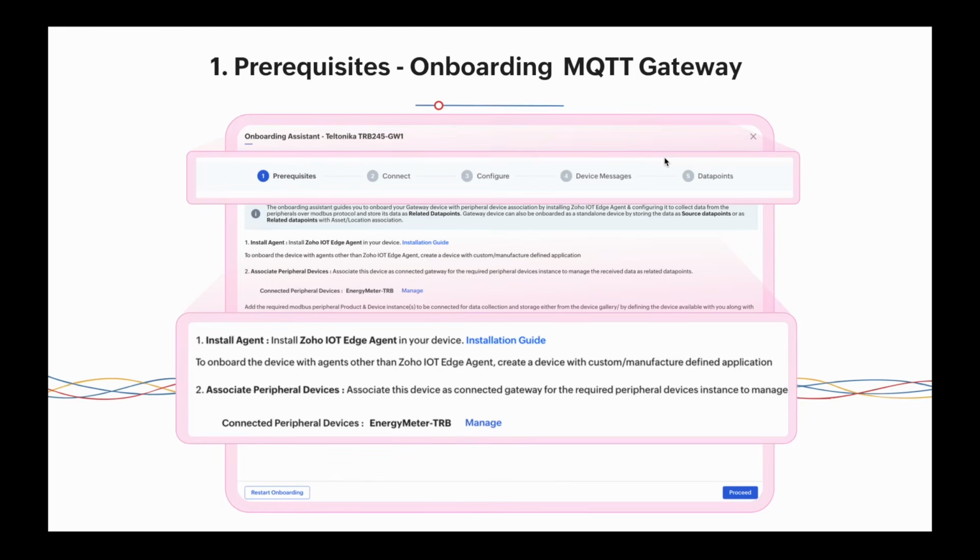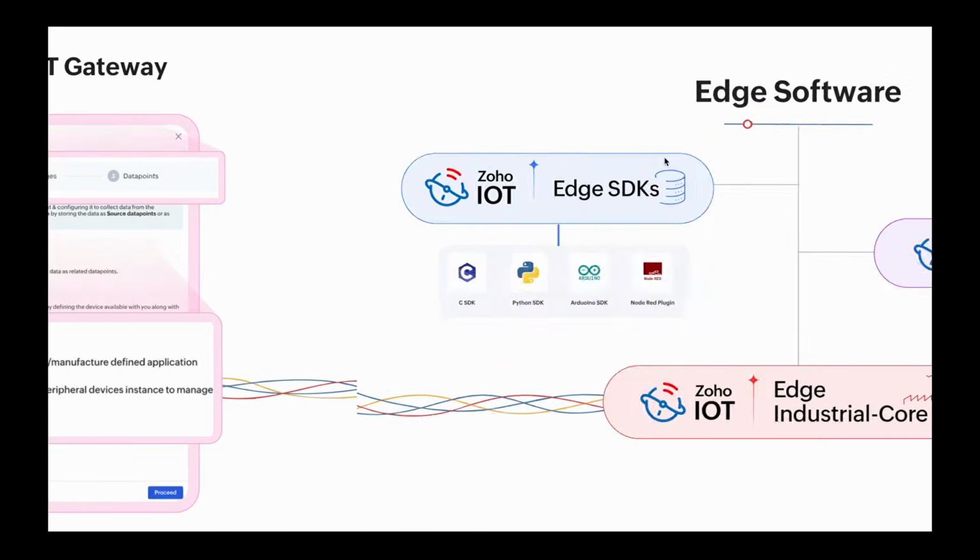So we give the installation guide, and there are documentations. We are also now exposing the option to download these agents from our documentation page, along with instructions to install them.